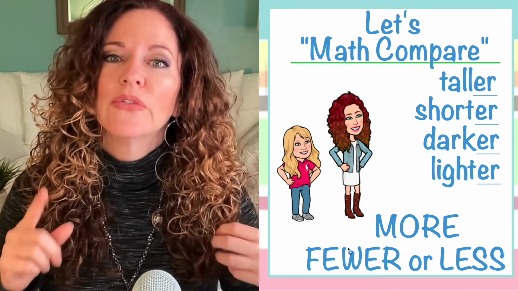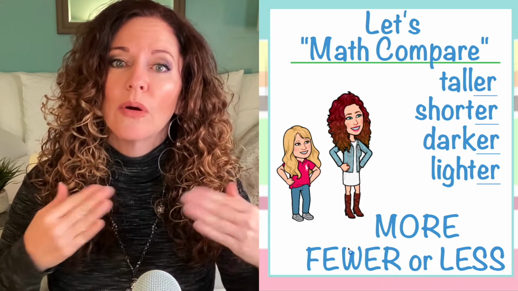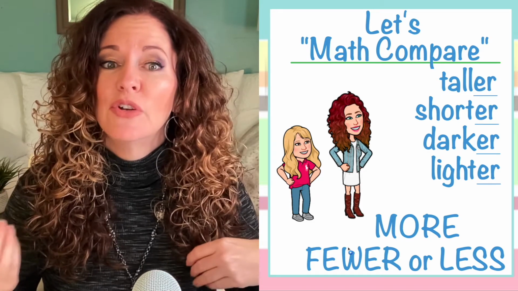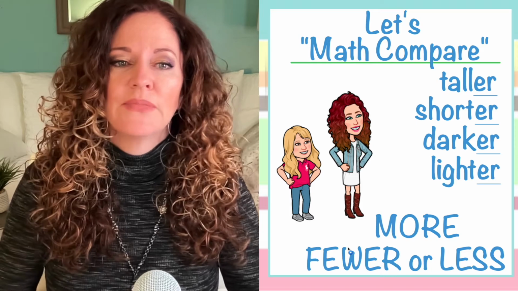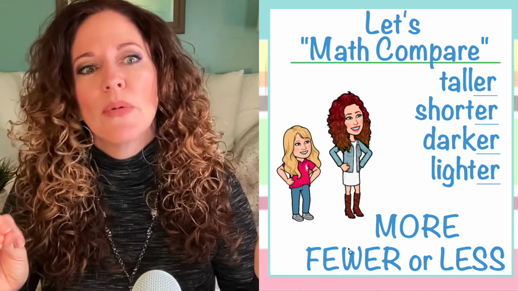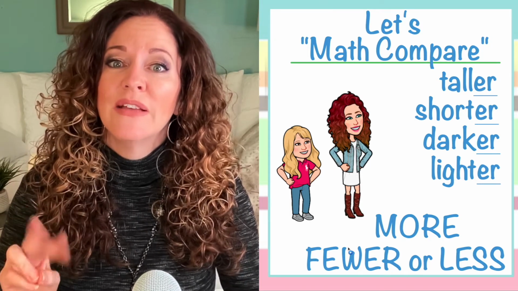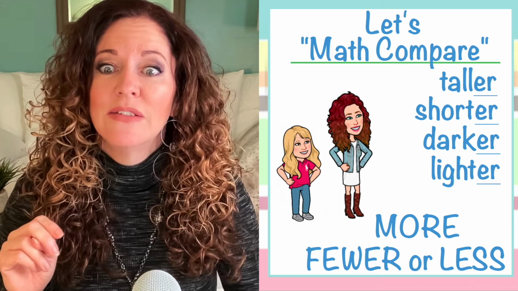So those are also words that help me know that I'm comparing something, more or less. And that word fewer, we see that word fewer a lot. So we're going to be paying attention to those types of words in our word problem, because those words will help us know that we are comparing two things. And when we're comparing, we use a different model.